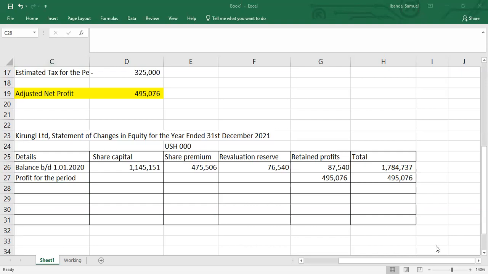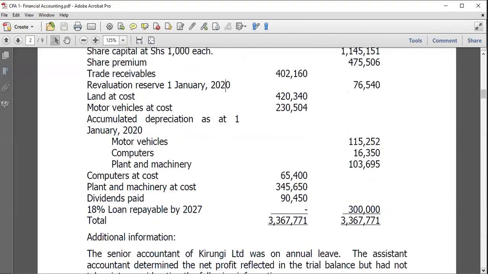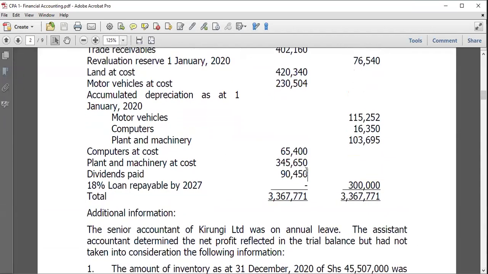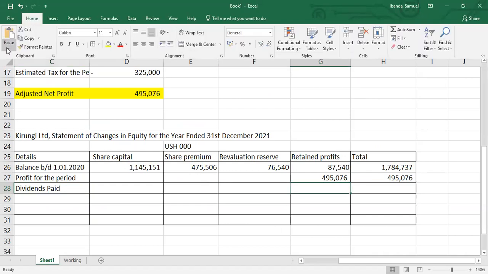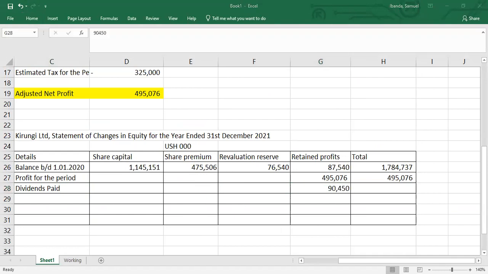From the information, if you remember, we had dividends somewhere. They told us that they had paid dividends worth 950. Okay, so I'll just say dividends paid is 150. Is it okay? It's actually 9,450.